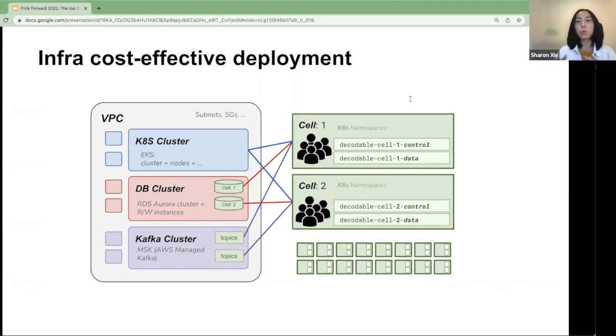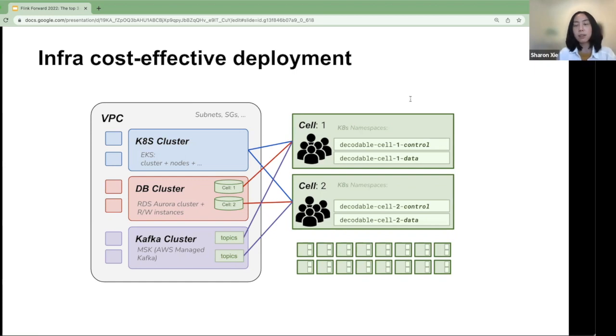A cell essentially runs a control plane and a data plane, and we can put multiple accounts inside the same cell. In this cost-effective deployment, a cell is on a Kubernetes cluster, but there could be multiple cells on the same Kubernetes cluster. They are in different namespaces, of course. Similarly, the DB cluster is a shared cluster that's namespaced by database, serving different cells.